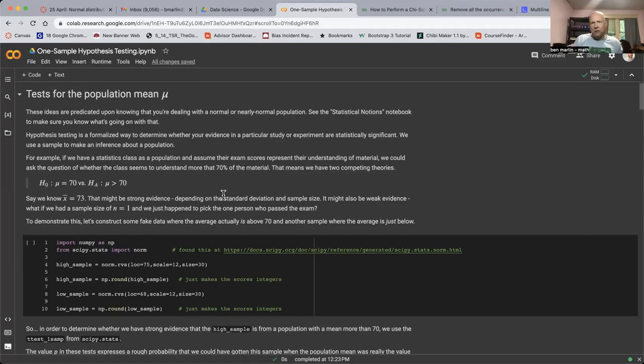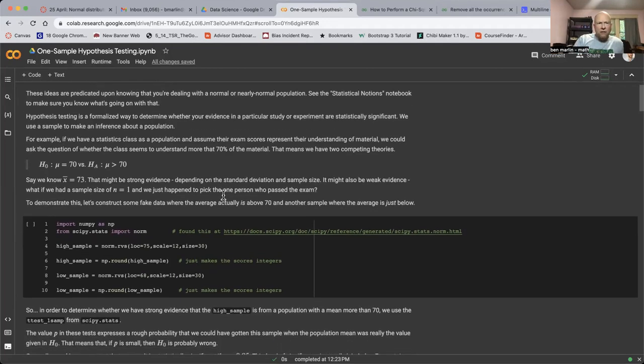Maybe it's a 100-point test and you're trying to see whether the average student passed that test, got a C- or better. That's the strategy of what's going on here.